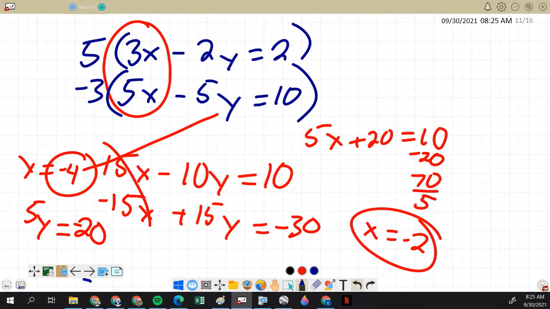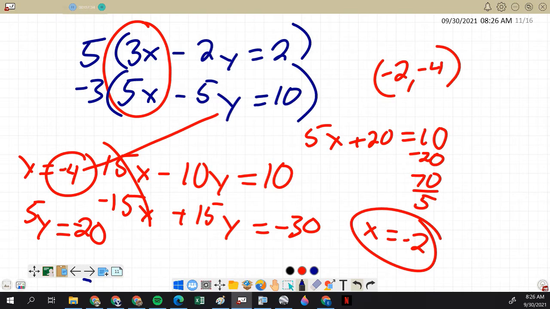So what does -2, -4 tell me? When I say that's the answer, what does that mean? What are we looking for here? That is the point where those two lines intersect. And it's the only point that works in both equations.